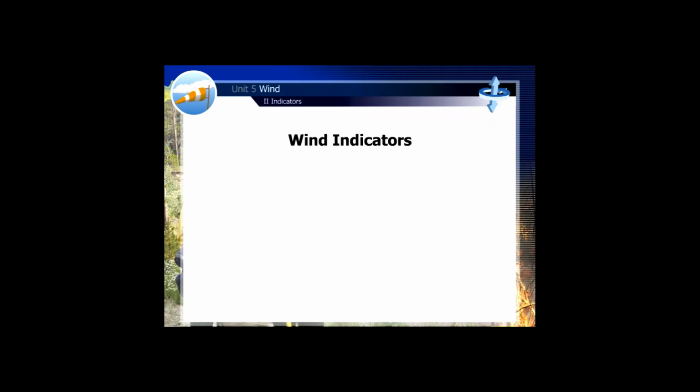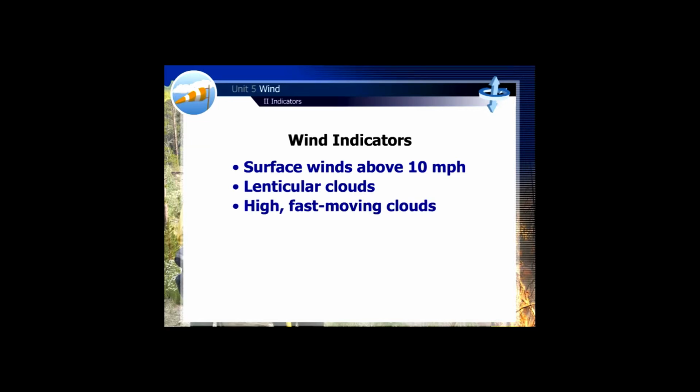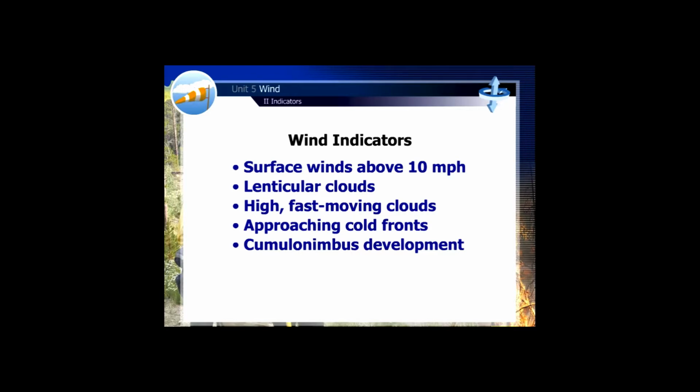There are 7 indicators for wind. Surface winds above 10 miles per hour. Lenticular clouds. High, fast-moving clouds. Approaching cold fronts. Cumulonimbus development. Sudden calm. Battling or shifting winds.